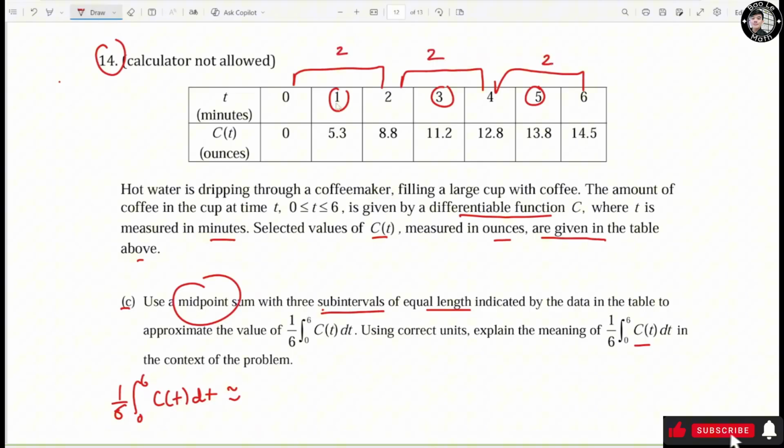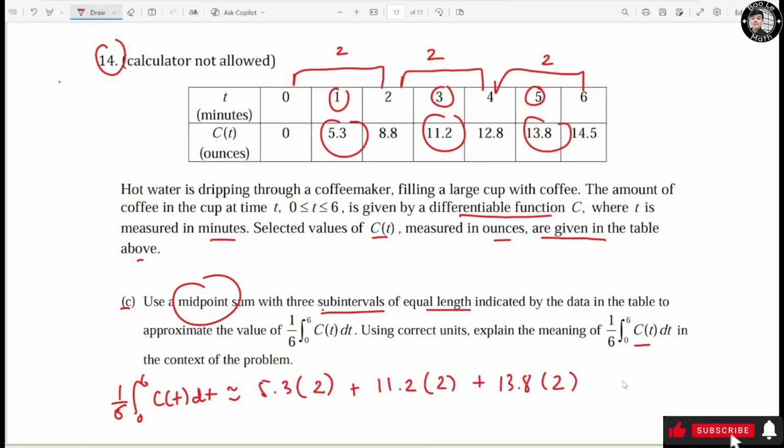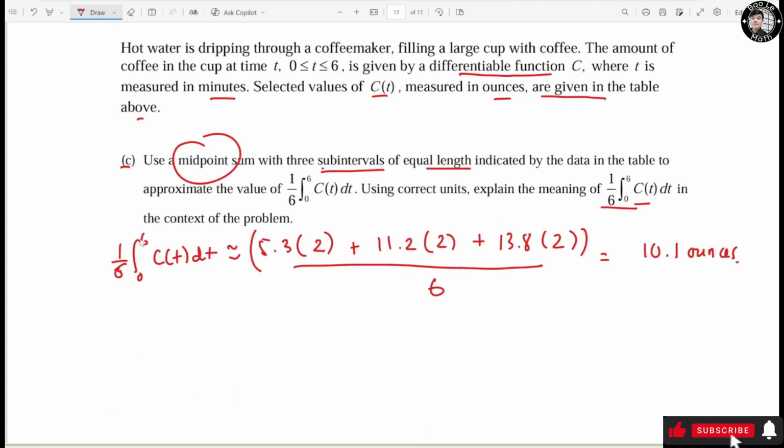So the value 5.3 times the width 2, plus 11.3 times 2, plus 13.2 times 2, plus 13.8 times 2, and don't forget to divide by 6. So it's going to be 10.1 ounces.